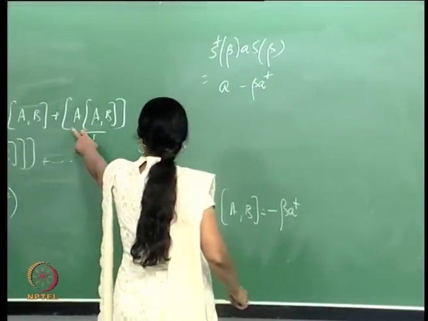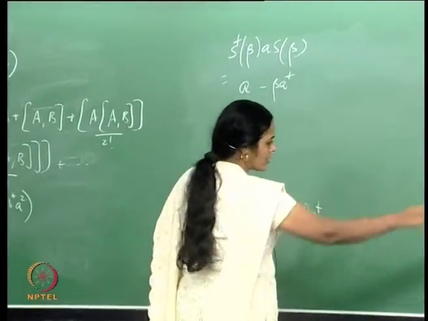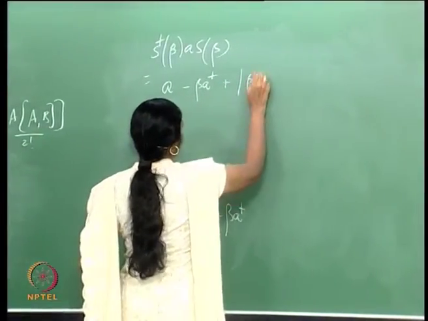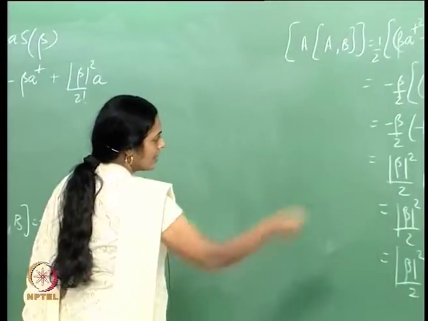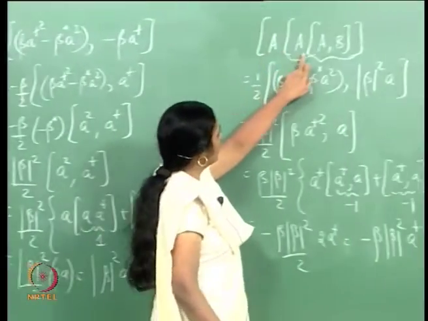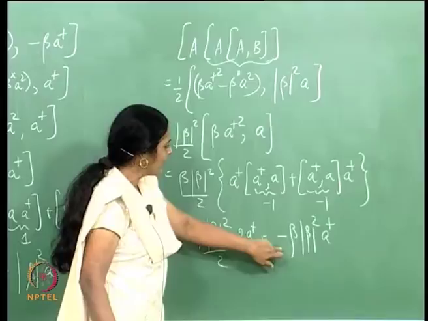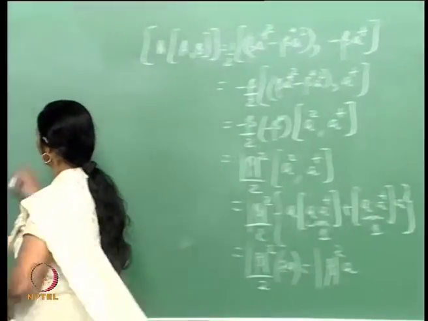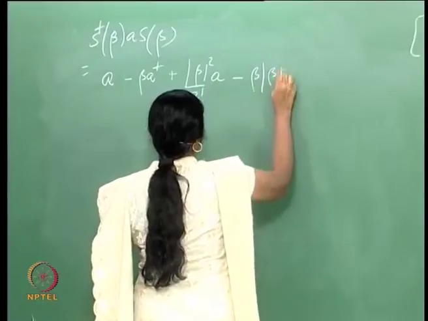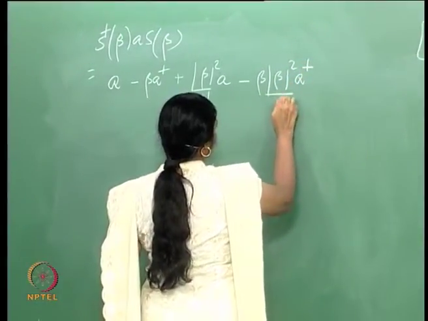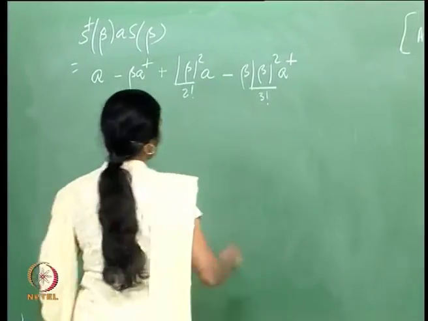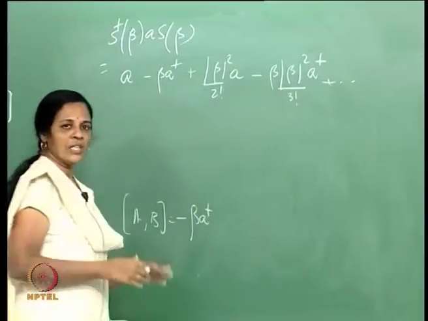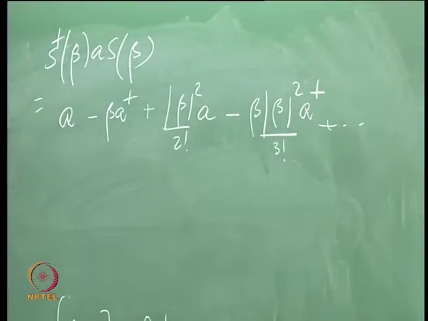Then I have plus commutator of A with B by 2 factorial, and that is out there, plus mod beta squared by 2 factorial A, and then I have that commutator of A with B, that gives me a minus beta mod beta squared A dagger, that comes with a 3 factorial, and so on.